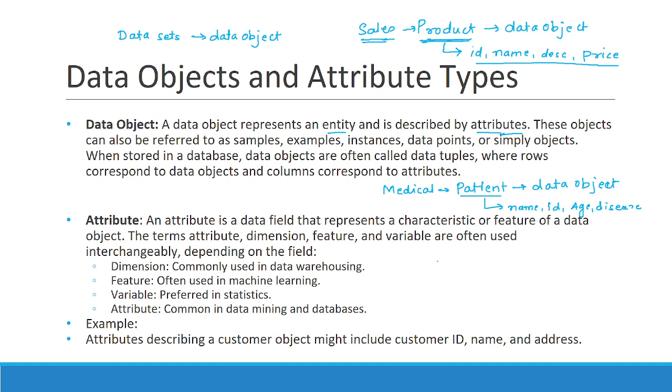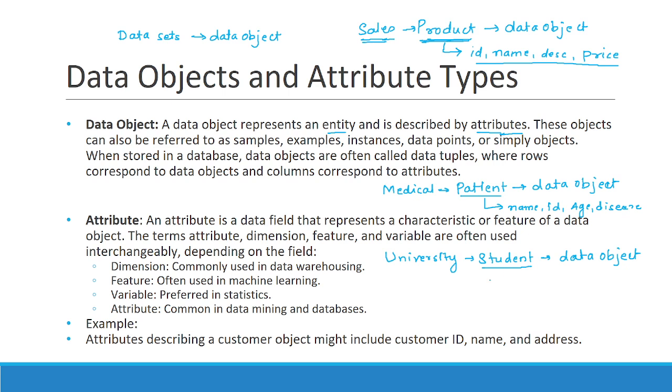Like in a university we have students. So university is a database. In that, student is our data object or entity.